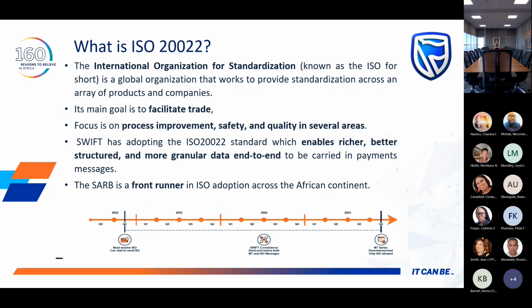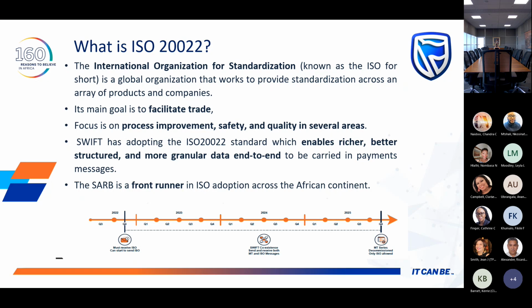So I've mentioned this started off, we went live this year in September as the South African market, where the SARB guided us and said it wanted to be a front runner in implementing these standards. It made a call that in September, all South African banks that interact with the SARB will become ISO compliant, which means within the industry and within banks, we send each other ISO messages.